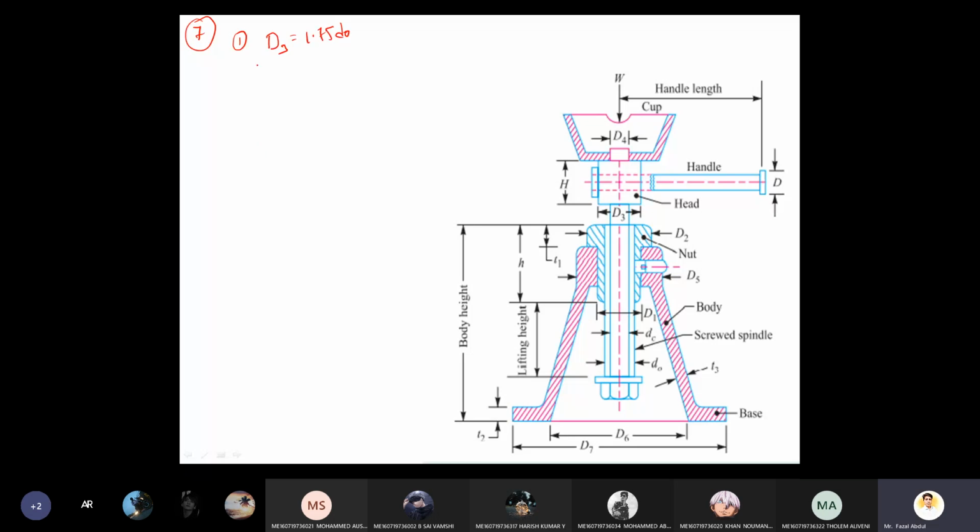Okay, now second point, seat for the cup. Here the top cup is appearing. This is known as a cup. So for this cup, one seat is required. So the seat diameter is equal to the same head diameter d3, but the seat is somewhat chamfered.